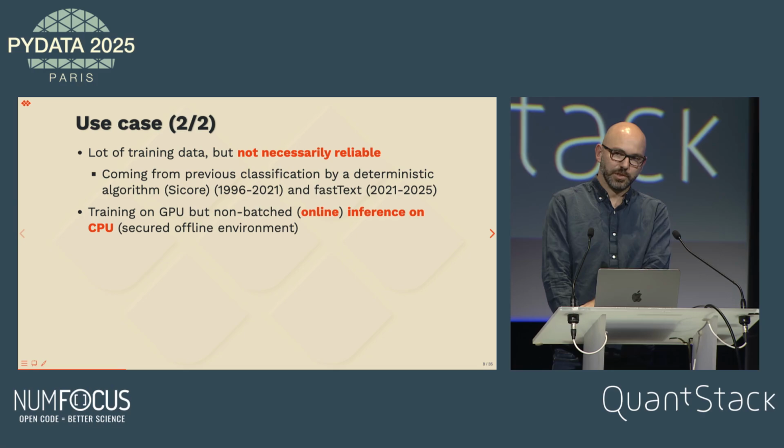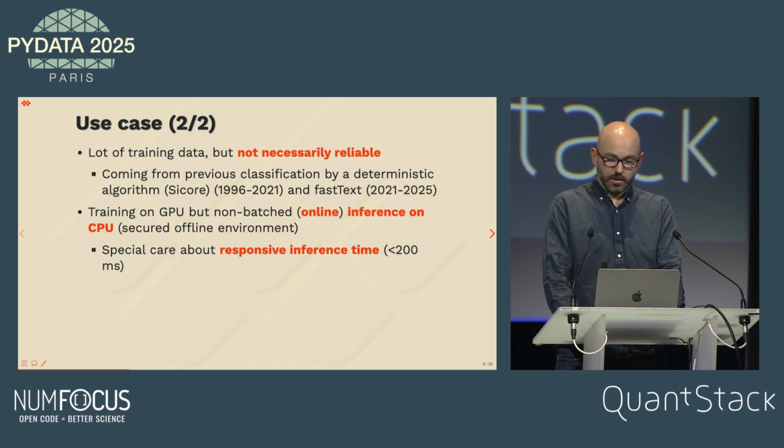We don't have GPU in production where we will use the predictors. We also have to be vigilant on inference time, which is not batched. There is no batch. It's on an API.